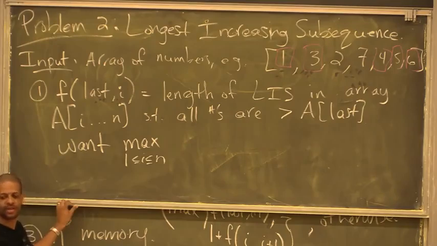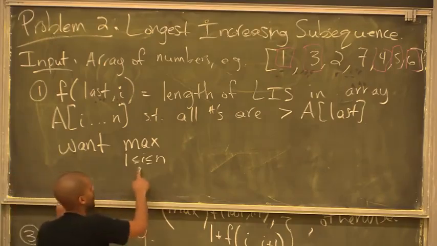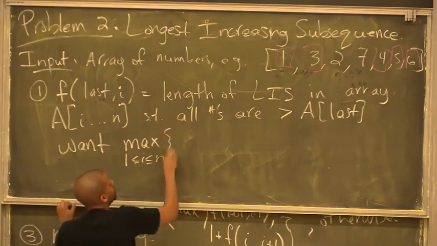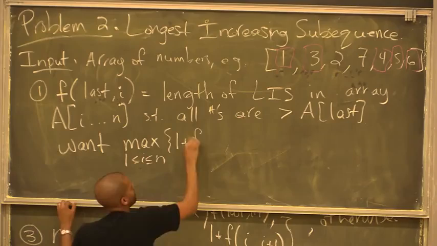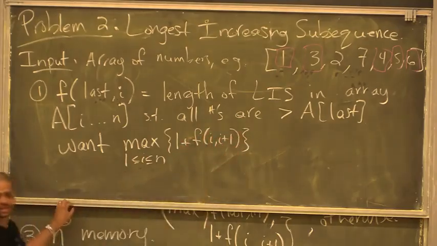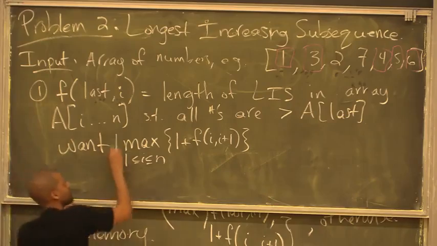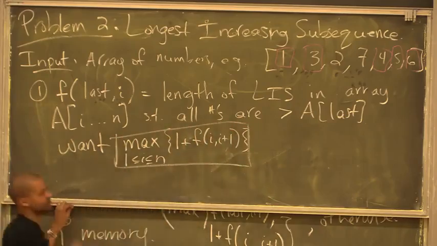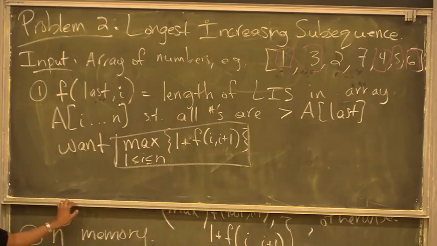So I'll just try all possibilities for where it starts. So the max over all I from 1 to n of 1 plus f of I plus 1. Does that make sense? This would give me the answer. If you want to be slightly clever, another thing you could do is, before you call the recursion, just prepend minus infinity to a.